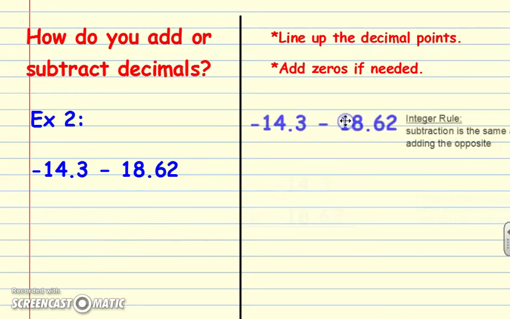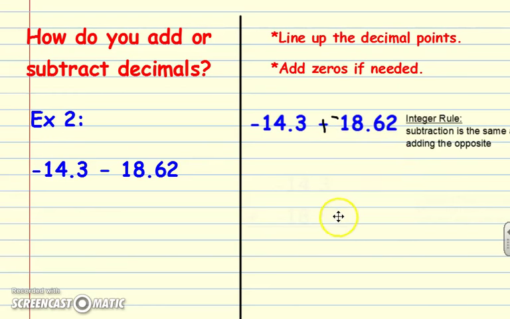I'm going to rewrite that, and we have our integer rule: subtraction is the same as adding the opposite. So instead of minus positive 18, I'm going to change it to plus negative 18. So I've got negative 14 and 3/10 plus negative 18 and 62/100.